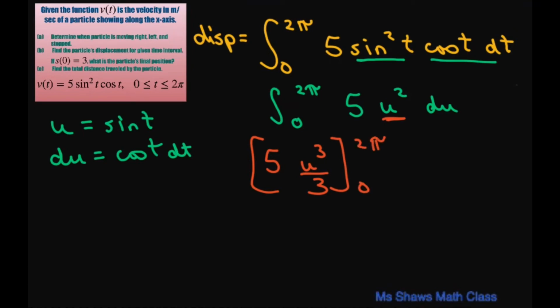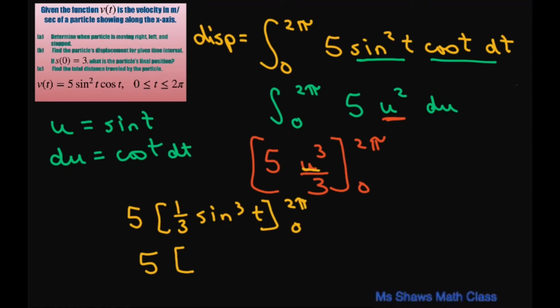So let's substitute back in our u, which was sine of t. This is going to give me 5 times 1/3 sine cubed of t, and we're evaluating this from 0 to 2 pi. So basically it's just going to give us 5, and we're going to get 0 minus 0, which equals 0.